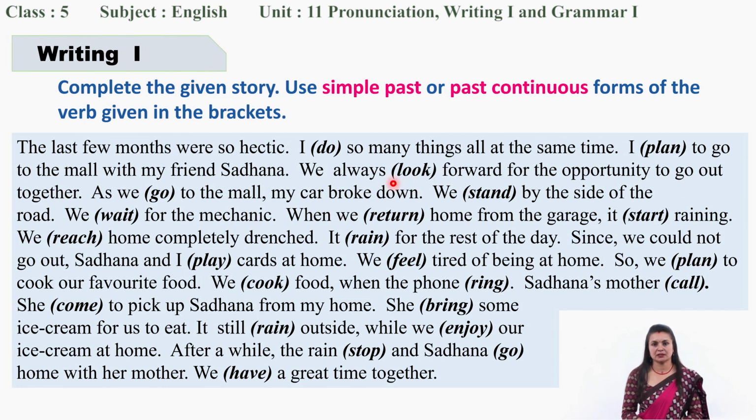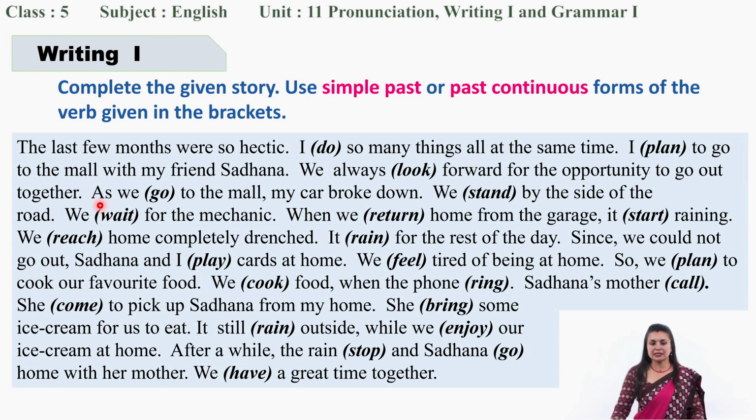How do you change it? Yes, we were looking. So how do you write it? We always were looking? Oh, it's not correct. You have to write we were always looking. Always comes in the middle of the auxiliary verb and the main verb. So you have to write we were always looking.